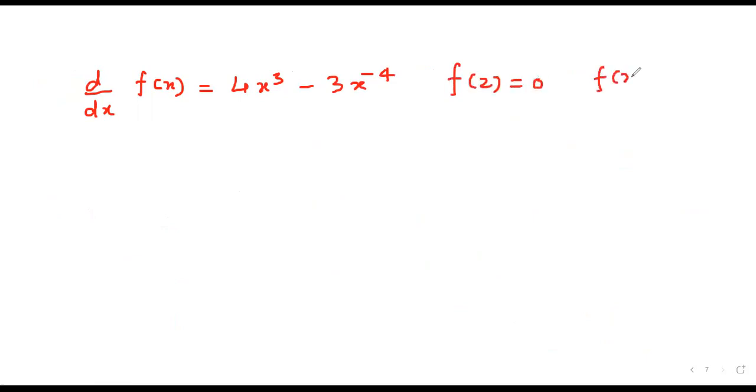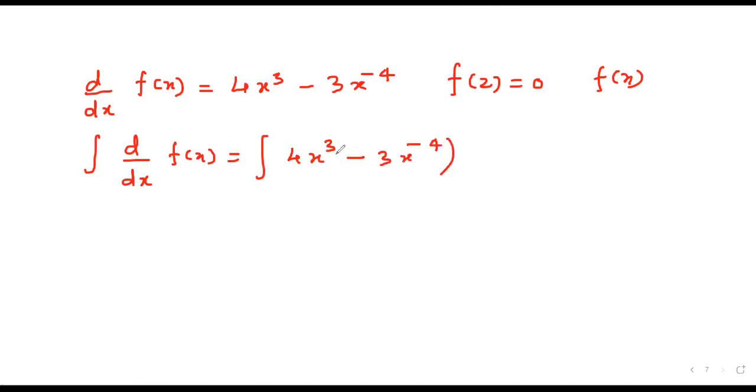So let's elaborate it again so that it can become clear. So we are given d upon dx of f(x) equal to 4x cube minus 3x power minus 4. And we are also given f(2) equal to 0. We have to find out f(x). So what do we do? We integrate it. So integration of d upon dx of f(x) equal to integration of 4x power 3 minus 3x power minus 4 dx.